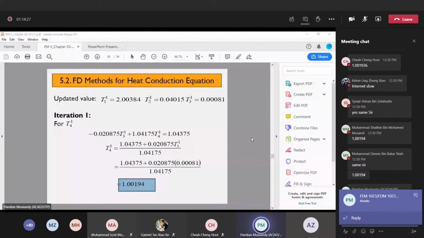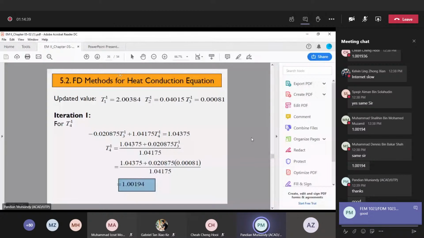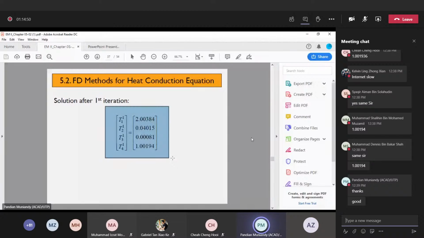So now you are in action. You are really doing the practical work. That is very important because you are going to do this next time. Now you have to do it like this. This is a nice way of putting it. So now it is no longer 0, 0, 0, 0. This is the solution after the first iteration.